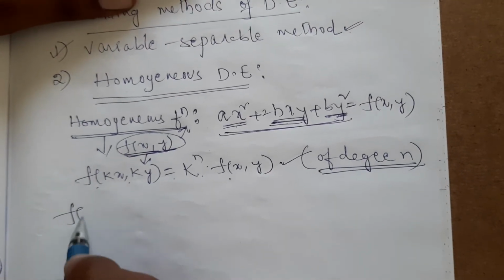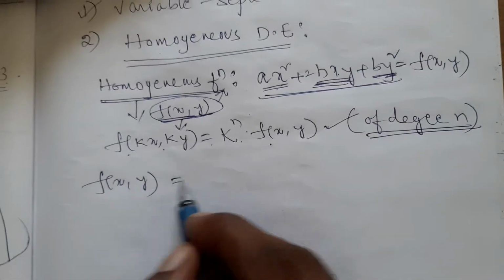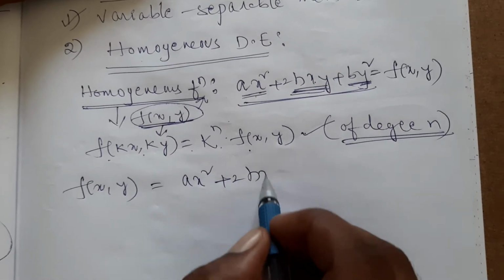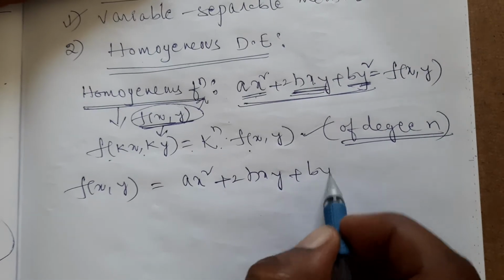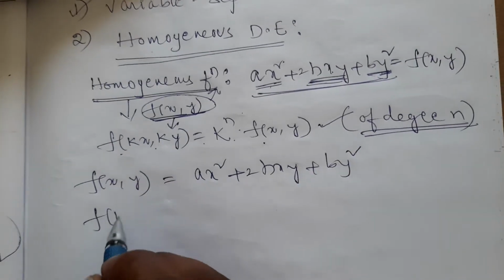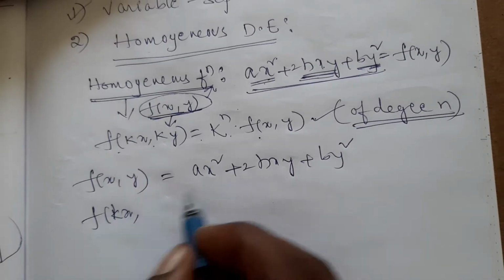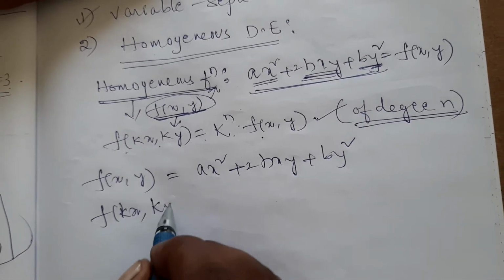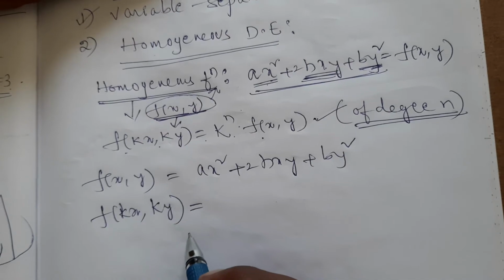For example, f of x comma y equals ax square plus 2hxy plus by square. To cross check whether this is a homogeneous function or not, you can find f of kx comma ky.